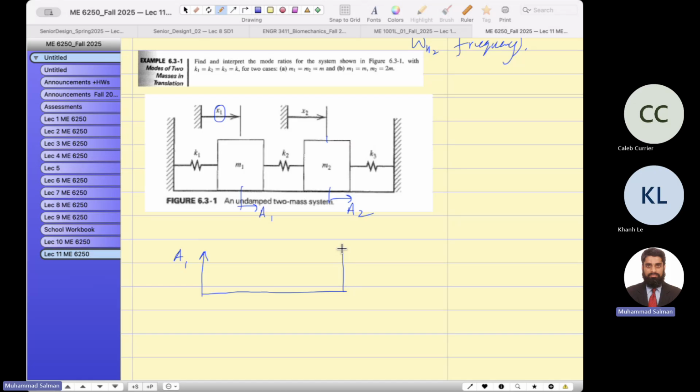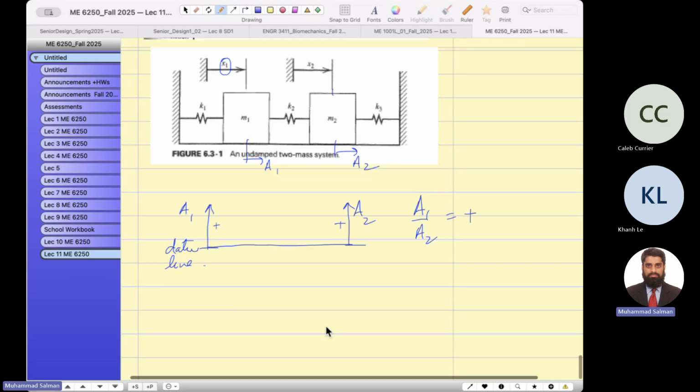Both are up, positive displacement, agreed? So what is a1 over a2? If both are positive above the datum line, suppose this is the datum line, the ratio would be positive, agreed?